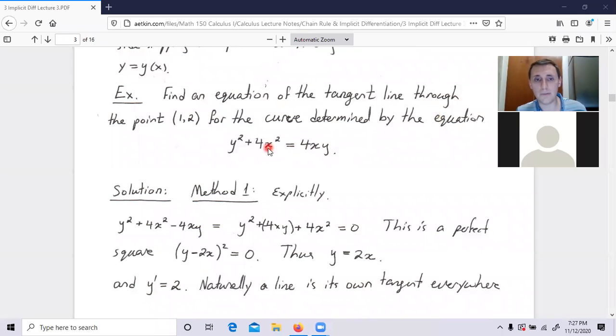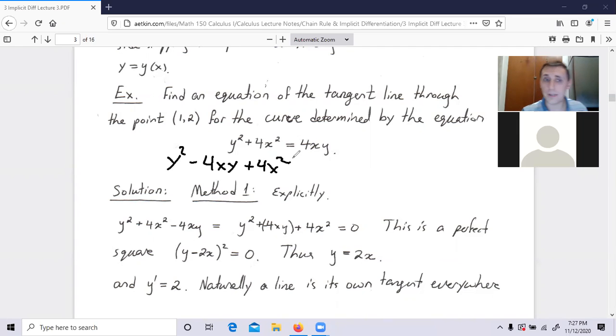So you see, if you look at it carefully, guys, it looks like a perfect square. Do you see that? I can write it as y squared minus 4xy plus 4x squared.